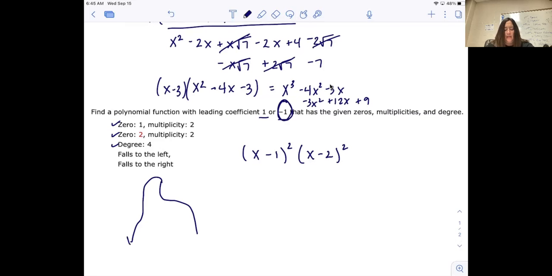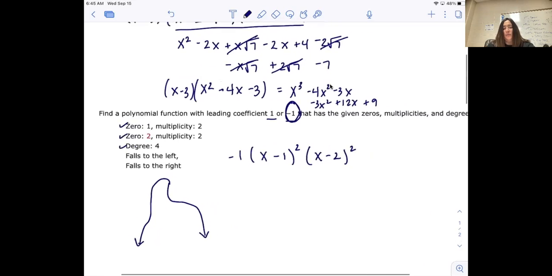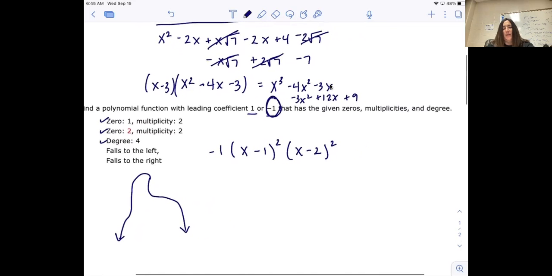So that means that both ends are going the same direction. So that also means that we probably need to multiply by a -1 out here. Now, this is a polynomial function, but they will want you to multiply that all out. And that's the same process that you did above. So falls to the left, falls to the right, both ends are going down. Degree of 4, if you multiply it out, your highest exponent would be 4.